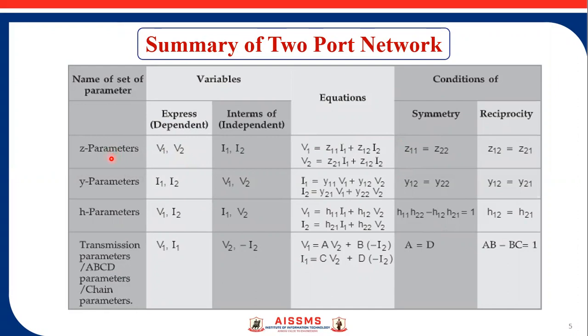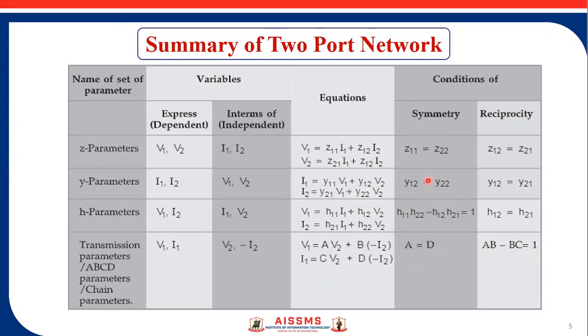And one more important thing, while solving a particular network to determine Z parameter, Y parameter, H parameter, this condition must be satisfied. Symmetry is Z11 equal to Z22. Reciprocity is Z12 equal to Z21. Likewise, in case of transmission parameter, symmetry is A equal to D, and reciprocity is AD minus BC equal to 1.